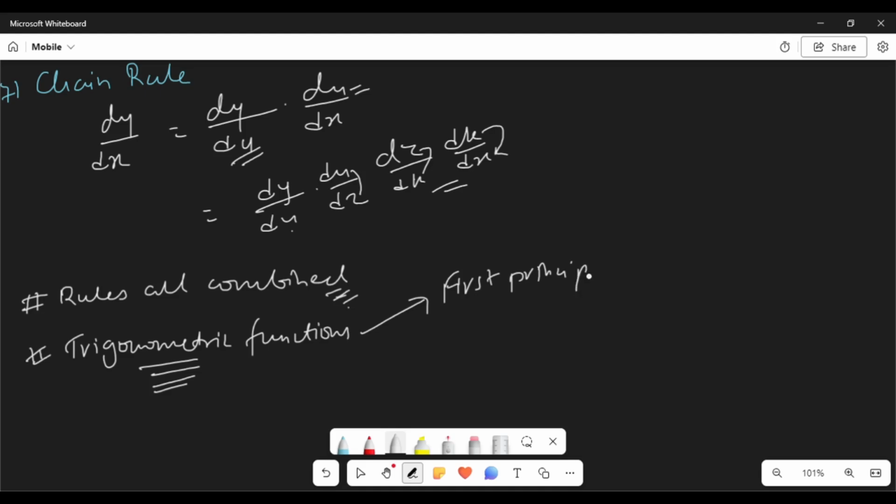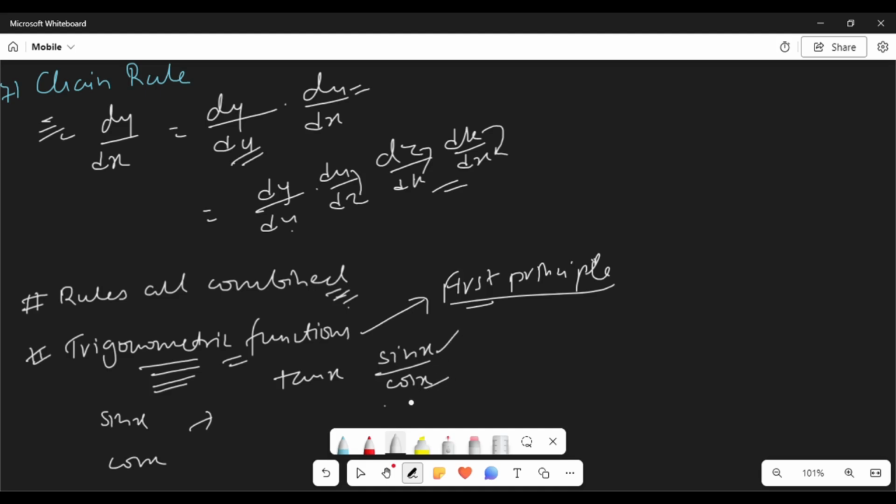We'll use the first principle to find the derivative of some trigonometric functions, and then we'll again resort to these rules. For example, we'll find the derivative of sin x and cos x using the first principle, and then while finding the derivative of tan x, we can write tan x as sin x divided by cos x. So now we can use the quotient rule after finding the derivatives of sin x and cos x.